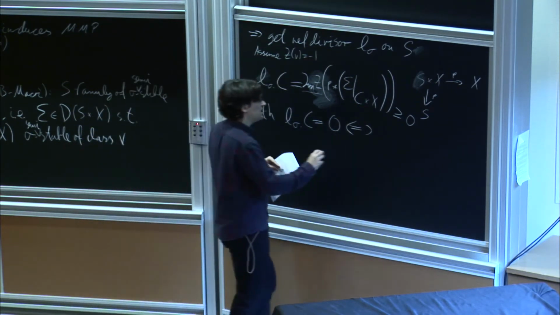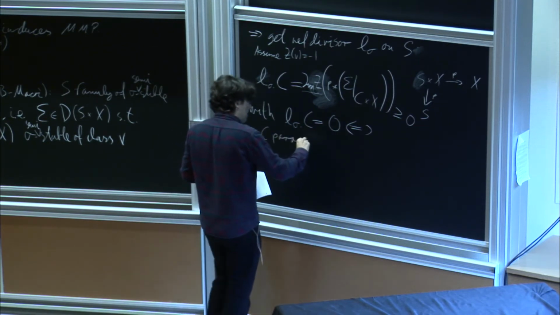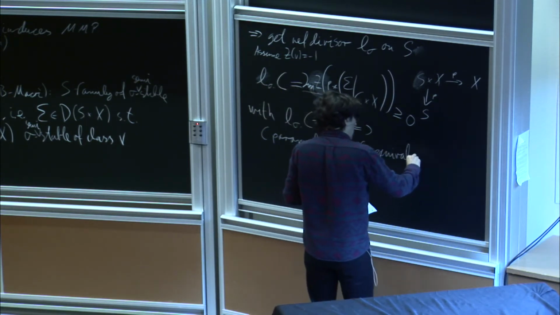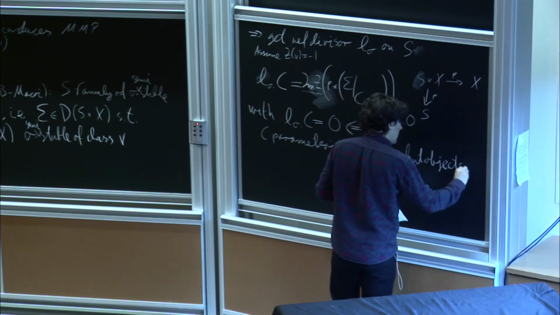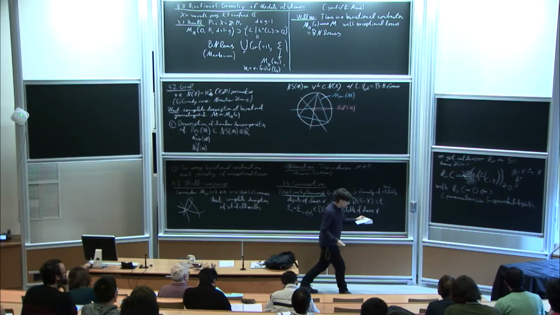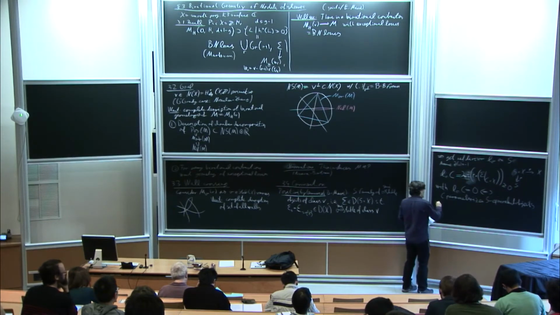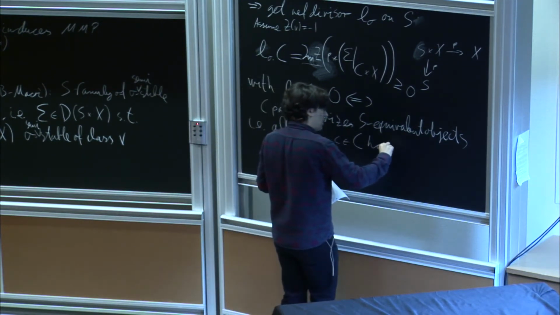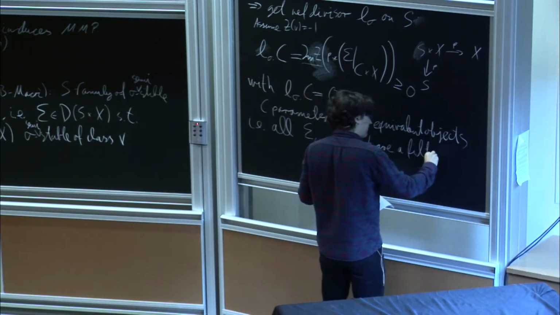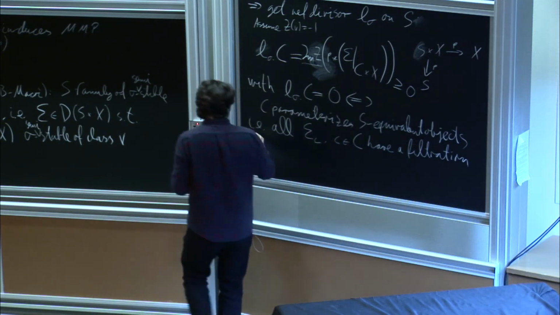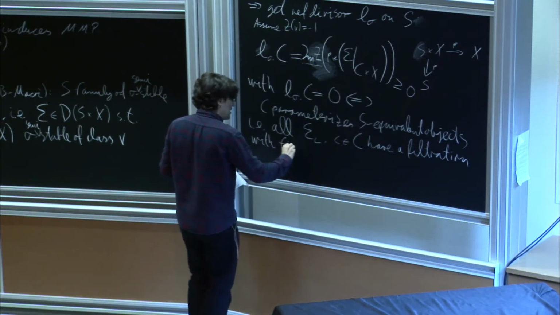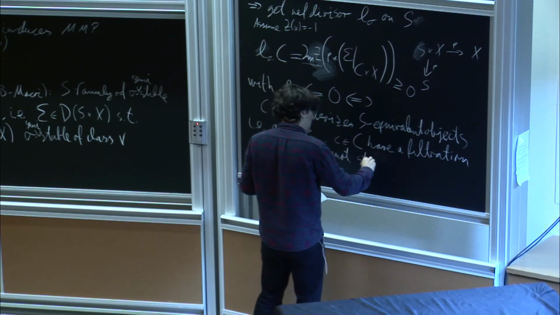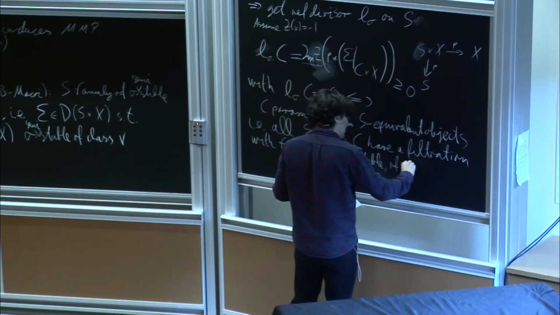Namely, if C parametrizes S equivalent objects, which means that all E_C for C in C have a filtration with filtration quotients that are stable of the same phase.